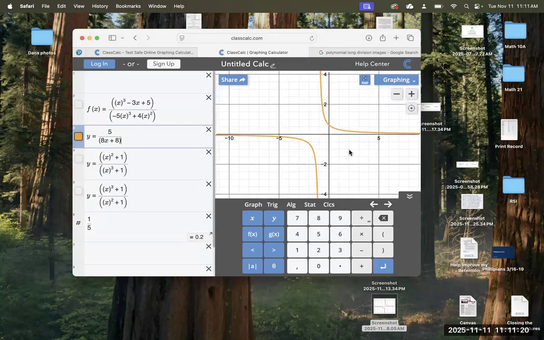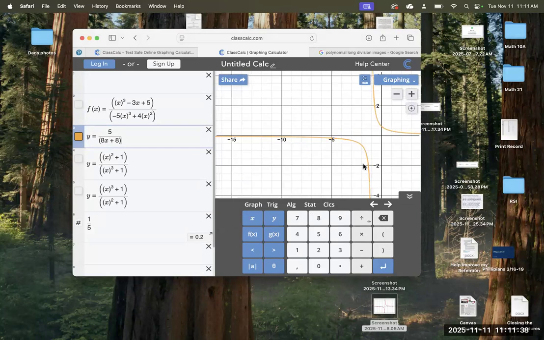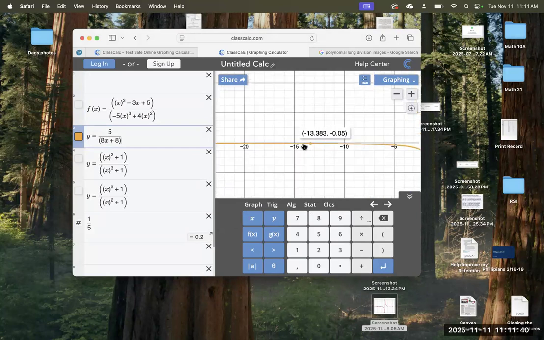You can see as x heads toward negative infinity, we are getting closer and closer to the line 0, the y coordinate.